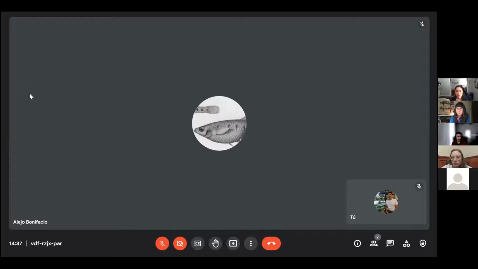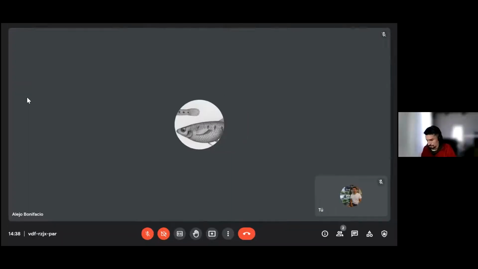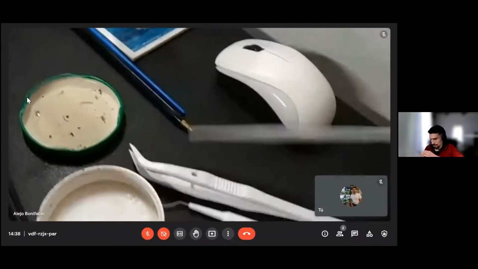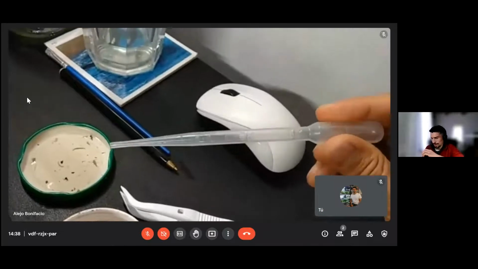You will need a slide. You can see it because it's a piece of glass. I'm going to show you some tools that could be useful, like a pipette.